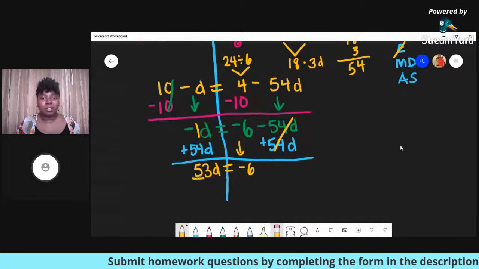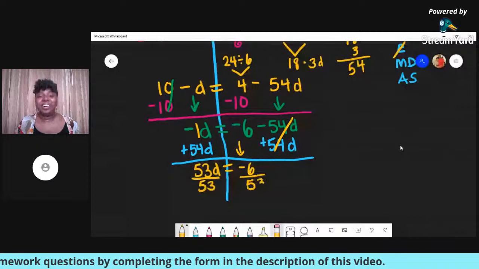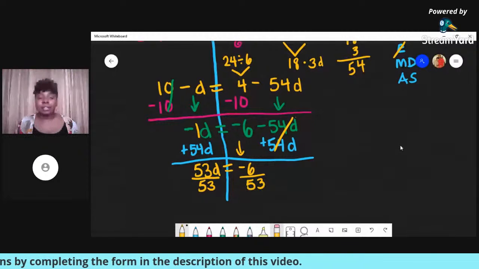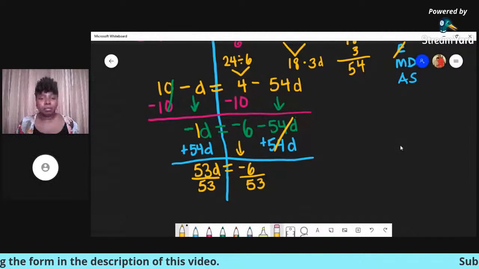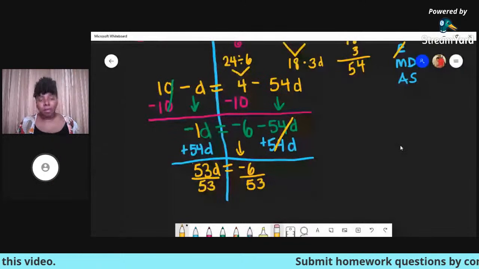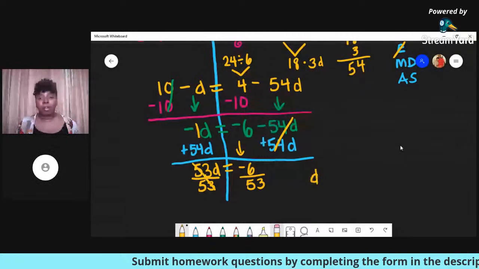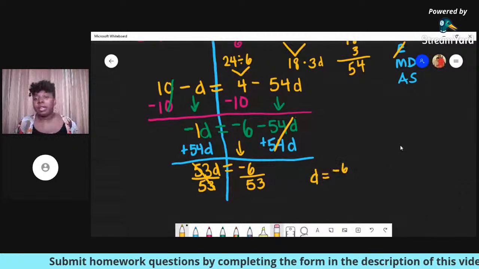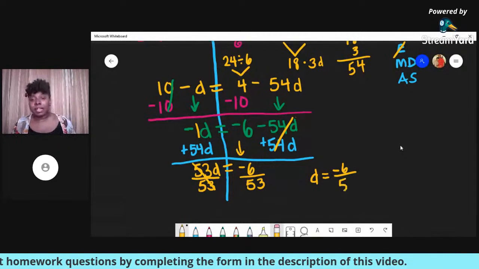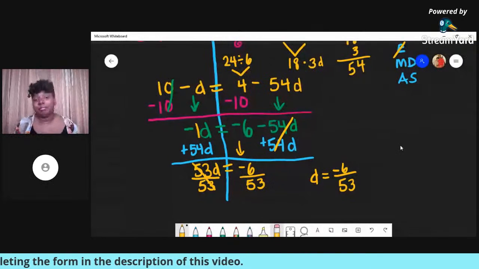And I would have no idea what that answer would be. Okay, so what happens on the left side? On the left side, it just becomes D, because 53 divided by 53 is 1. So we end up with D equals -6 over 53. Okay. That is your answer.